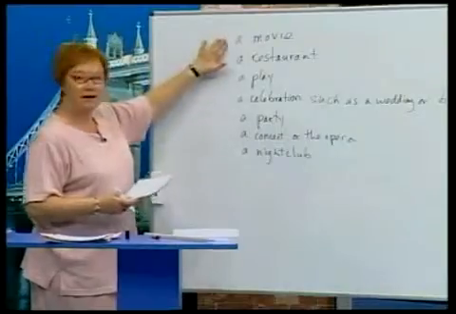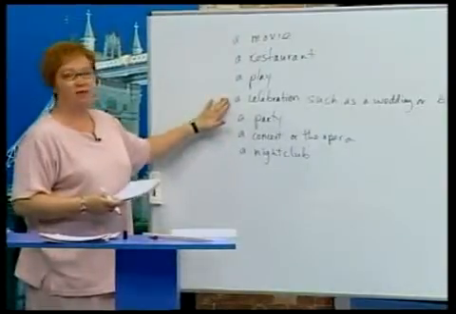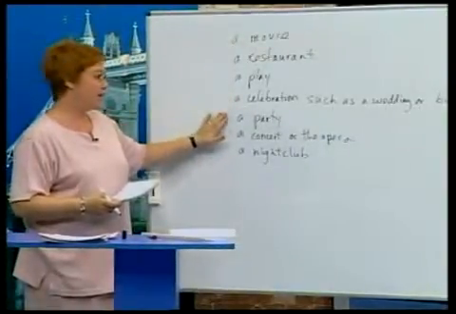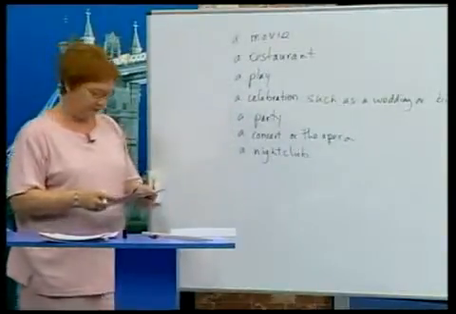So we can invite people to places like a movie, a restaurant, a play, a celebration such as a wedding or birthday, a party, a concert or the opera, and a nightclub.